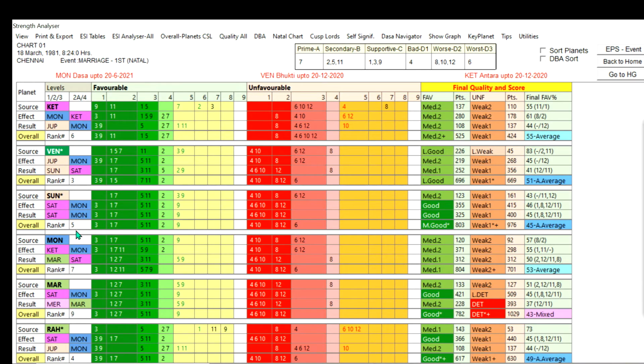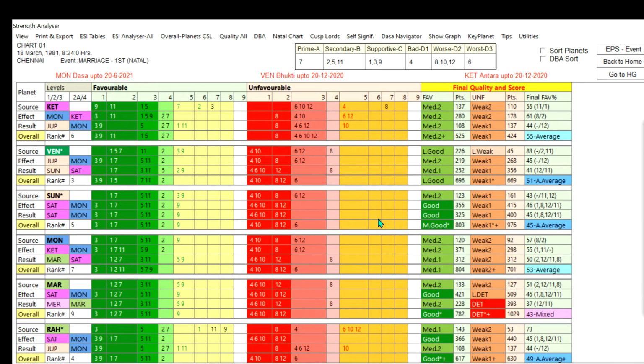Okay, so you can see there is one thing called rank, number 1, 2, 3, 4, 5, 6. These are all based on the favorable strength and unfavorable strength and the above average or average. Based on the percentage, the software will give the rank. But please understand these ranks are only based on the quality name and the score, but not based on the house grouping which I was explaining in the classic version.